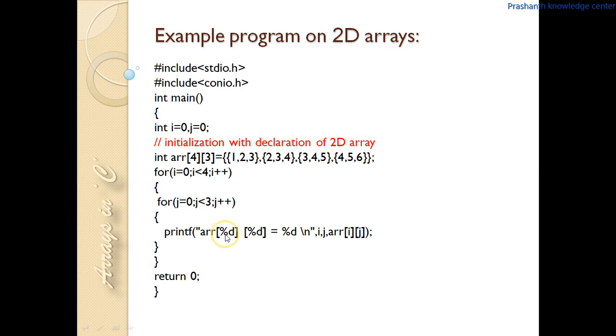In the first loop, for example, first i will be 0, and then it will come to the j loop, and the j loop will continue the complete loop up to 3, and again it will go to the for loop and i will be 1. Like that the complete array will be printed with this program. I'll demonstrate the program in the next class.